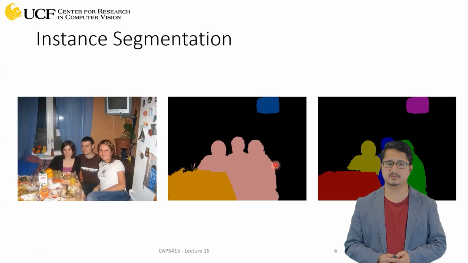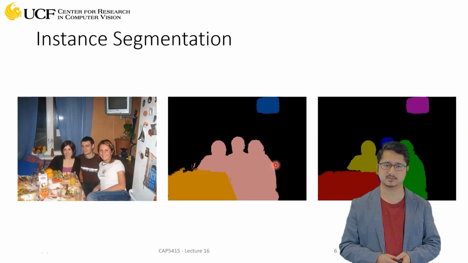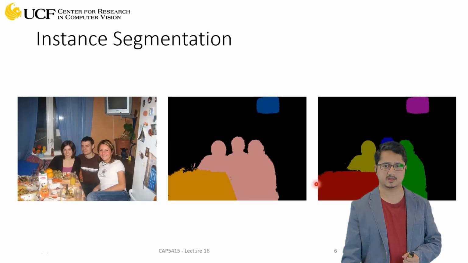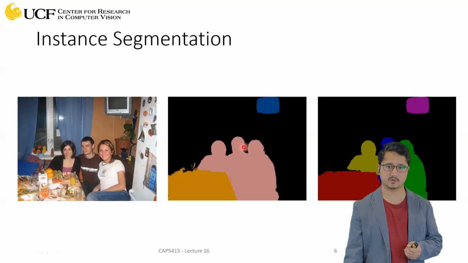Now, let's see what are the different ways which can be used to solve this instance segmentation problem. The result in the center for this image is for semantic segmentation, where blue is for television, this pinkish color is for people, and this is for table. Even though we have these fine boundaries where people are present, we don't know what the separating boundaries are between these two individuals or these two individuals.